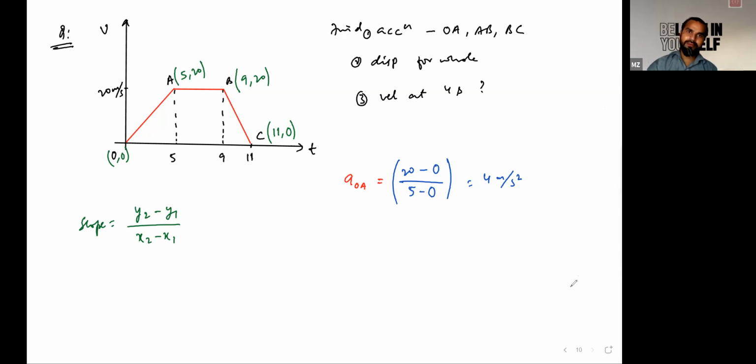Hiba, have you solved the second part? Acceleration for AB. Hamza, yes, sir. Just send me your answer. Hiba, have you solved the second one?